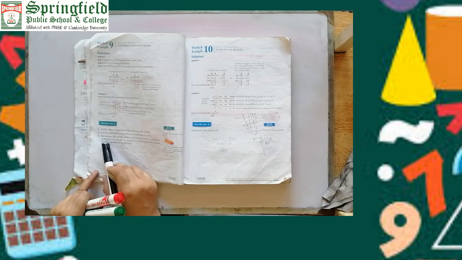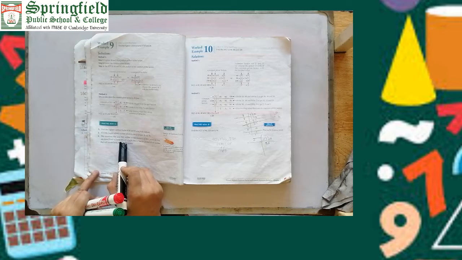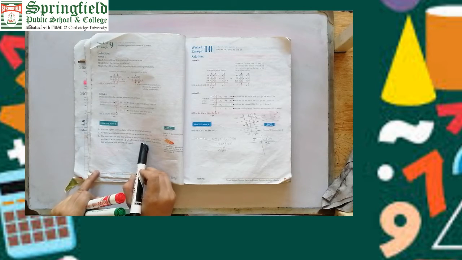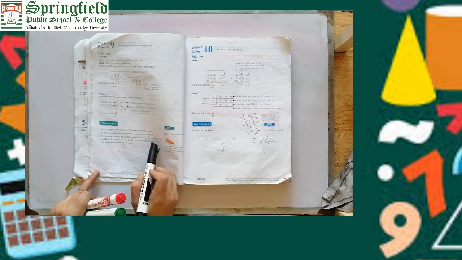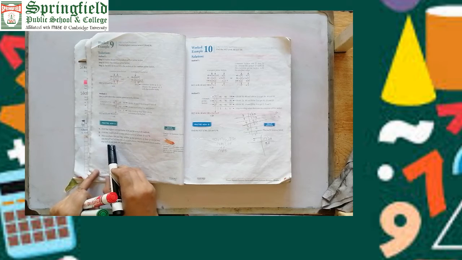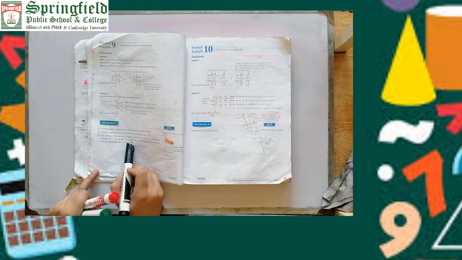Now come to question number 3. The numbers 504 and 588 are written as the product of their prime factors. It means the factors of 504 and the factors of 588 are given.